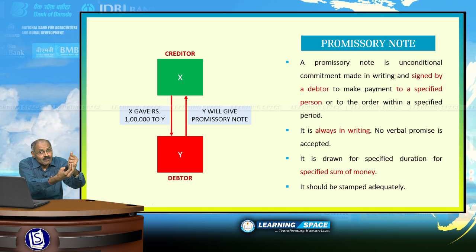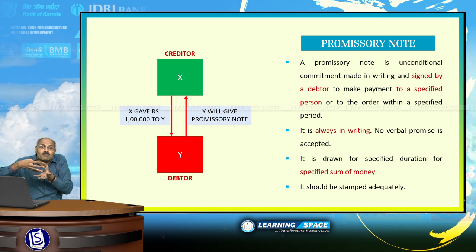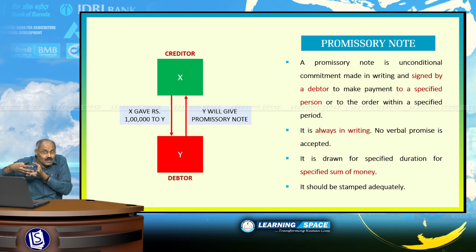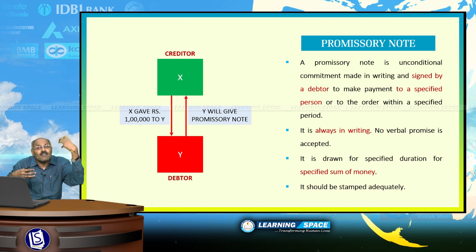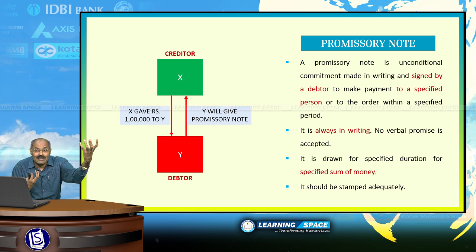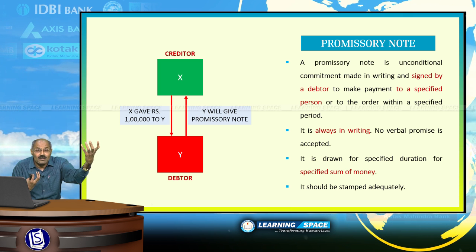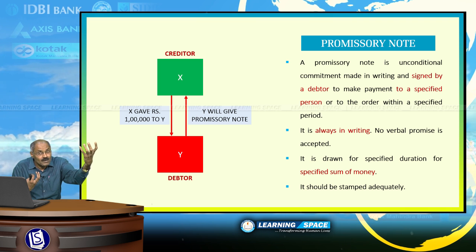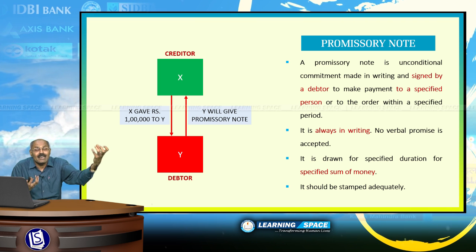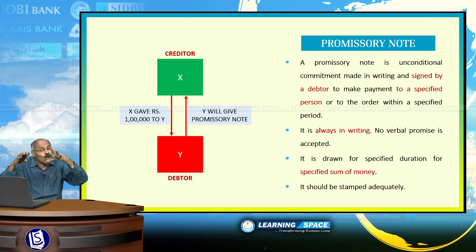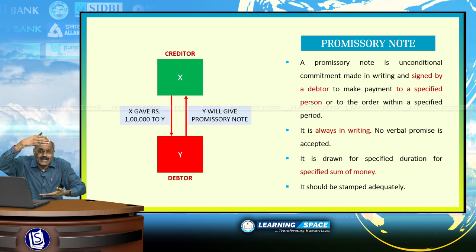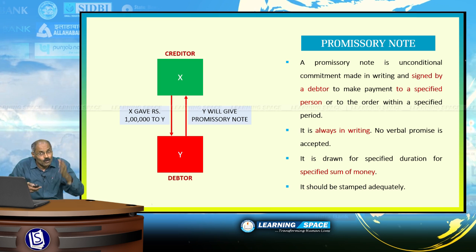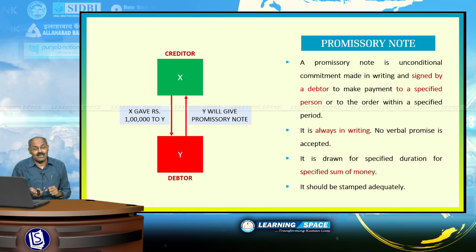And at the same time, if you have taken 1 lakh rupee loan from State Bank of India, State Bank of India is creditor, you are debtor. That means borrower is debtor. The person who gives money is creditor, and promissory note is written by debtor and it will be given to the creditor, right? I hope you are clear about this promissory note.